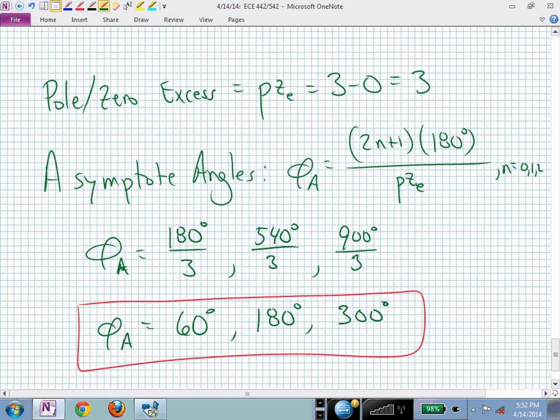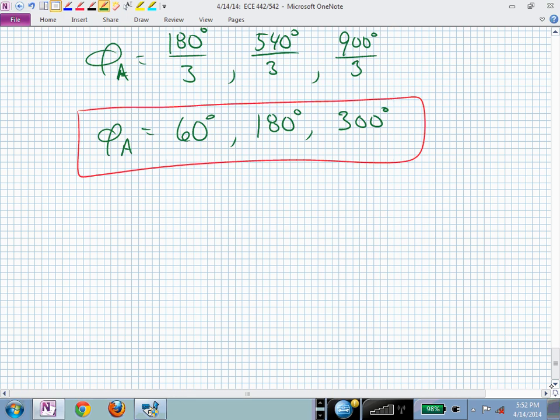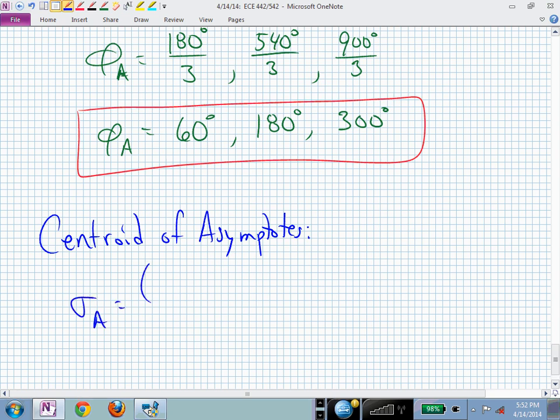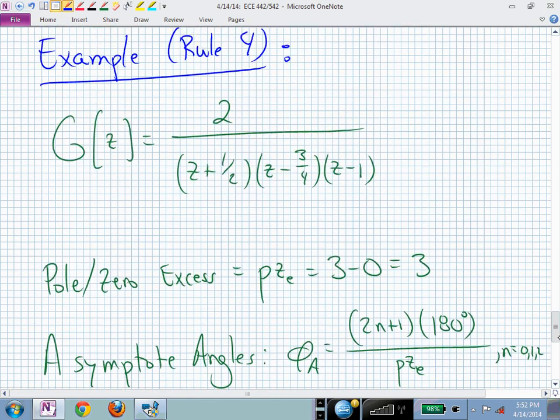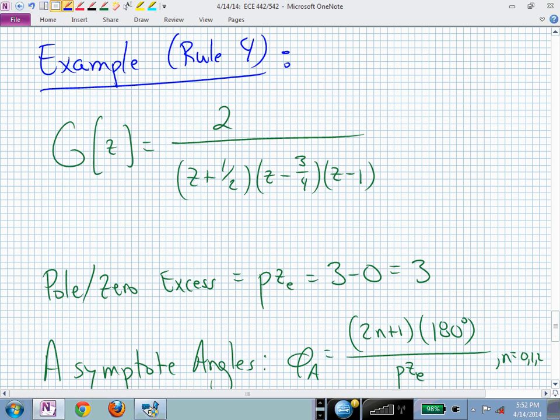Your centroid now, sigma sub a, I sum up all of my poles. I had a pole at minus 1/2. That's the z plus 1/2 factor. I have another pole at plus 3/4, and I have another pole at 1.